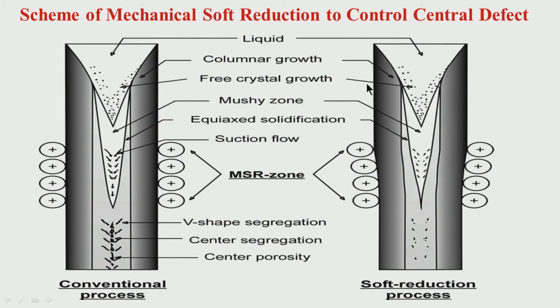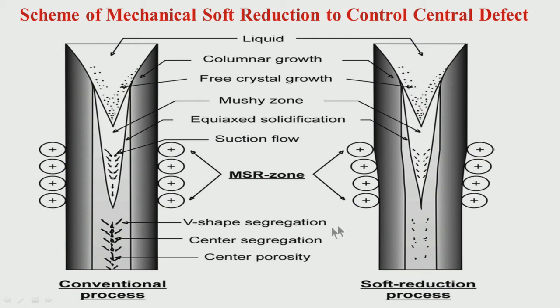You do not use it anywhere else. You do not use it when the solidification level is, say, 50-60%. It is of no use. You use it only when the final solidification is taking place, so that there you are putting the mechanical soft reduction, MSR.